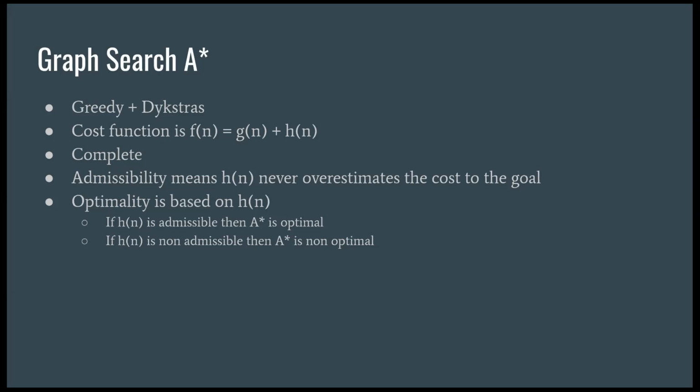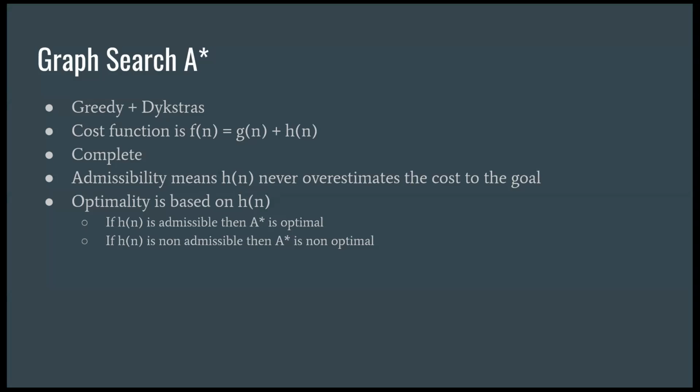And the optimality is a bit weird here. So a term you need to know is admissibility. Admissibility is that the function h of n, which is your estimation function from your current node to your end node, never overestimates the cost, right? It's optimistic. If it never overestimates the cost of the goal, then A star is an optimal algorithm.